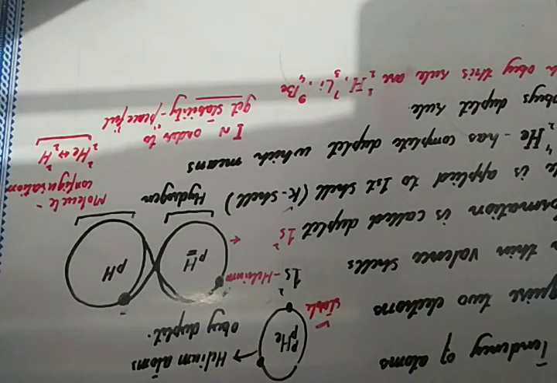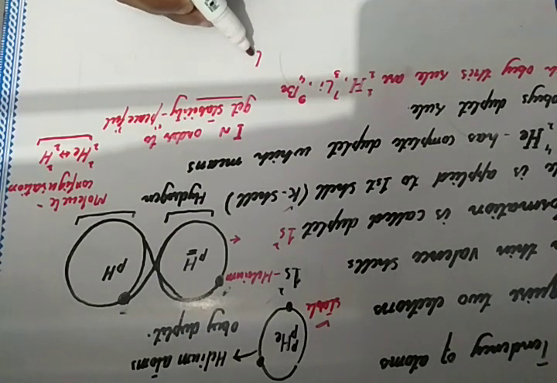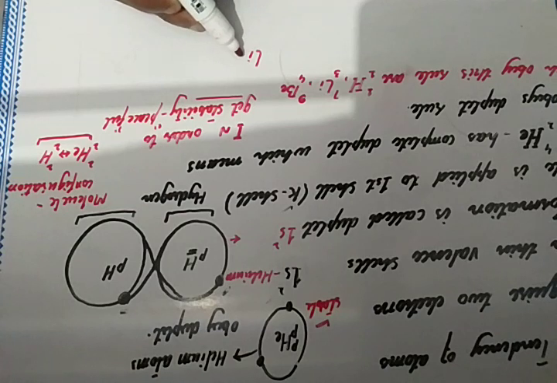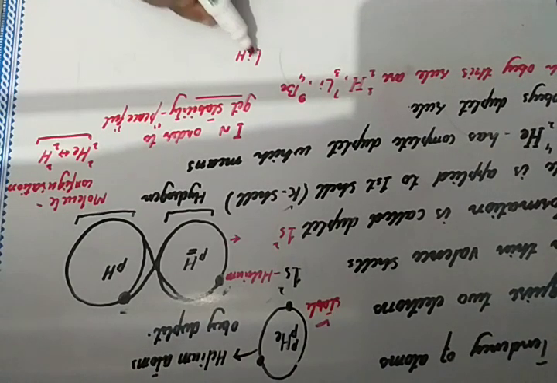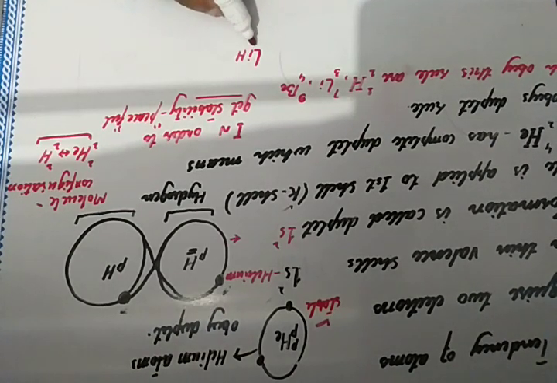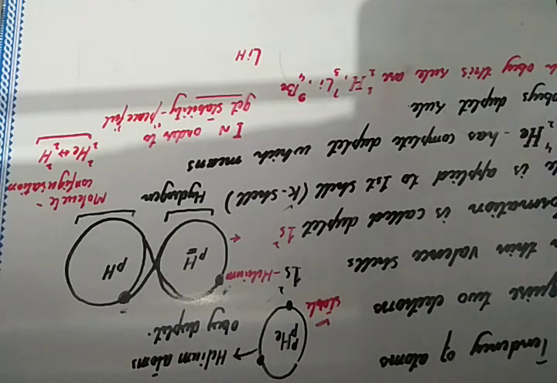So if you look at lithium hydride now, LiH is its symbol. This is LiH, lithium hydride. This is the compound which is formed by the combination of the outermost electrons of lithium and hydrogen.